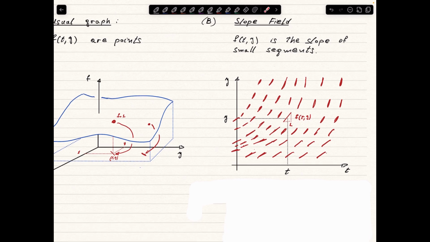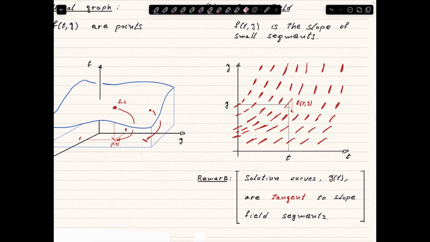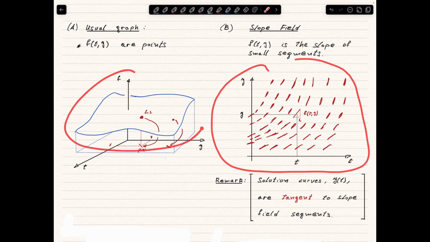When you graph the values of the function on several points on the plane (y, t), not as points but as the slope of little segments. Here, this could be a possible slope field. And notice why this is more interesting for us than this picture for f.